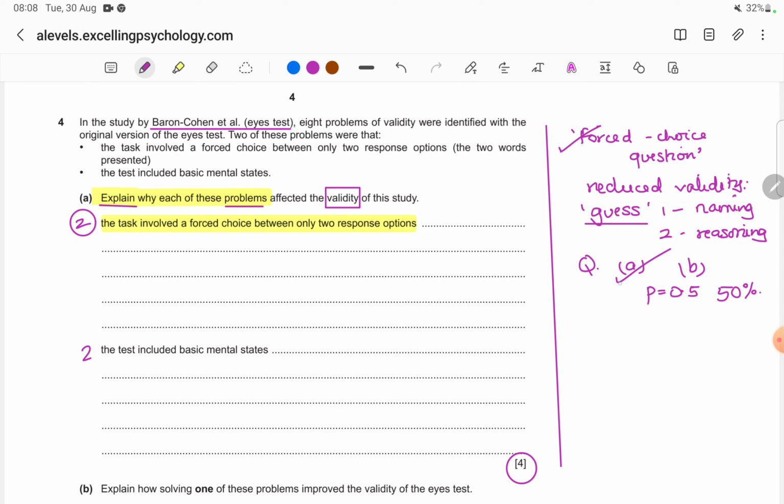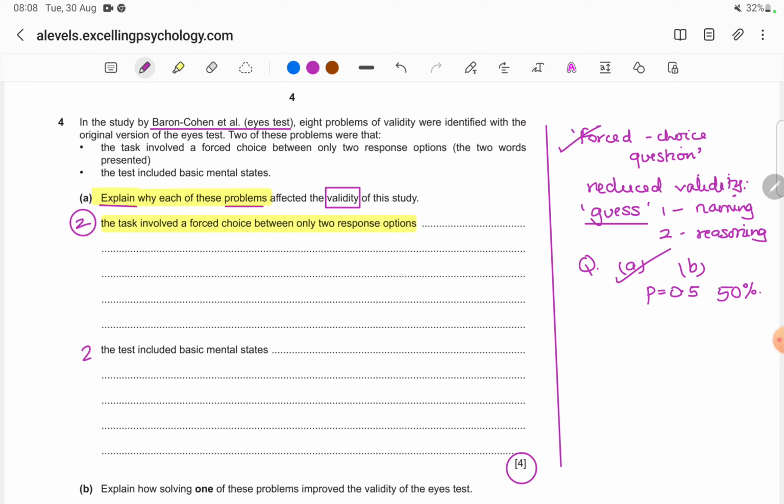I will assume you have the ability to give the correct answer, whereas you don't. You have just made a guess. So my interpretation that you have knowledge or ability will be incorrect. It will be invalid. So this is how validity gets reduced in this case.